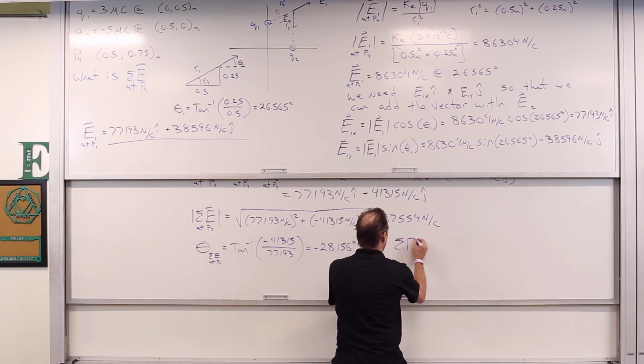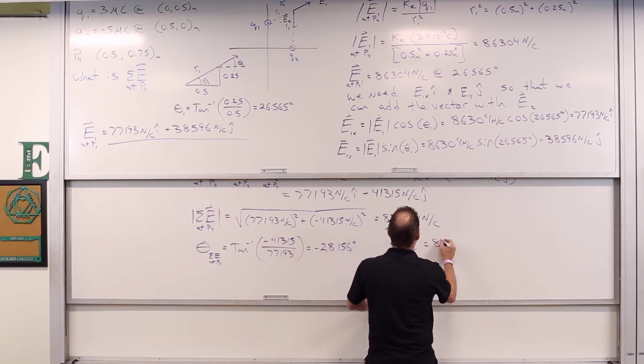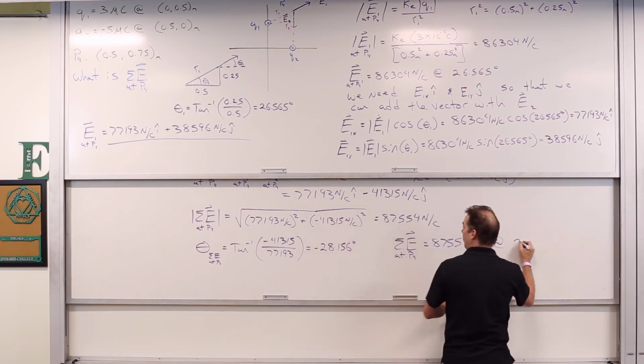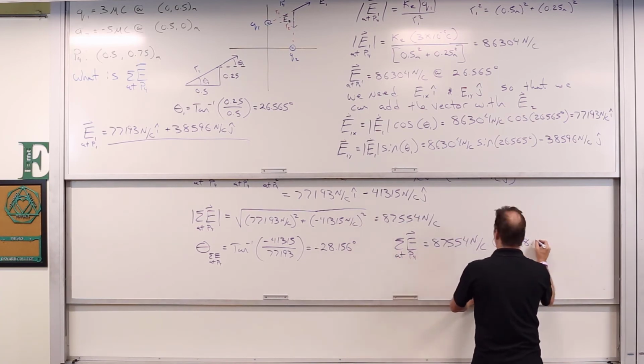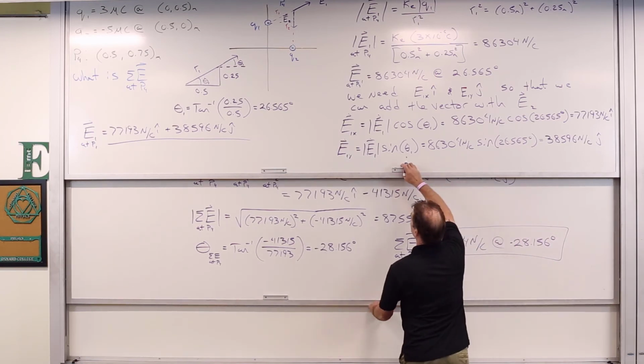So sigma E hat at P4 is 87,554 newtons per coulomb at an angle of negative 28.156 degrees relative to the positive x direction.